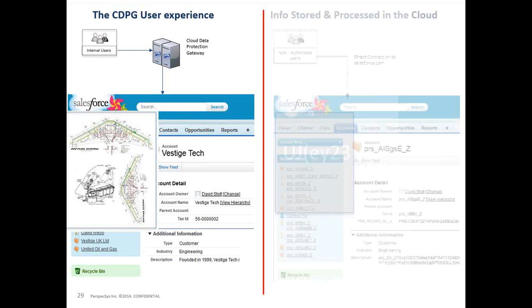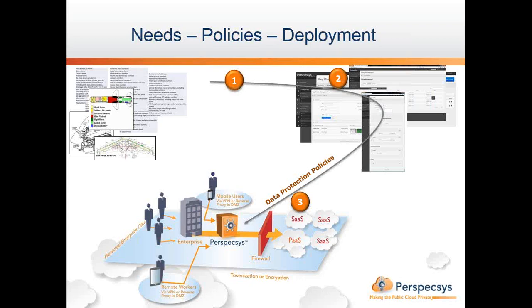Step two, there's a set of dashboards and policy and administration tools within the software that allow security and compliance professionals to specify which fields in the cloud application can flow through clear and which fields need to be tokenized so the information never goes out to the cloud provider in the clear. Think about that as almost a staging environment.